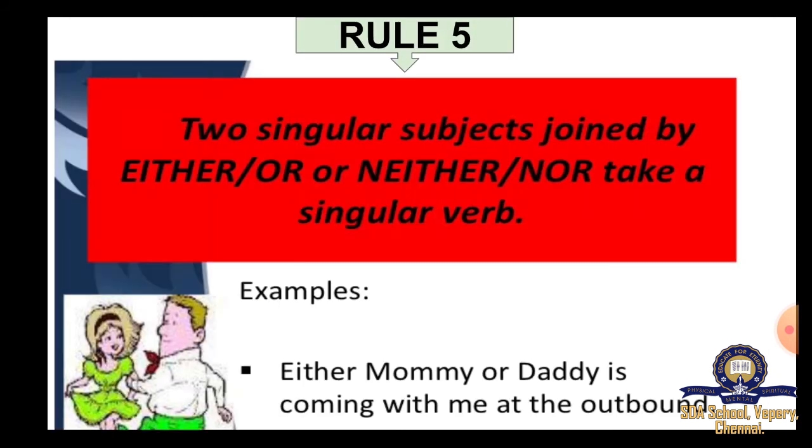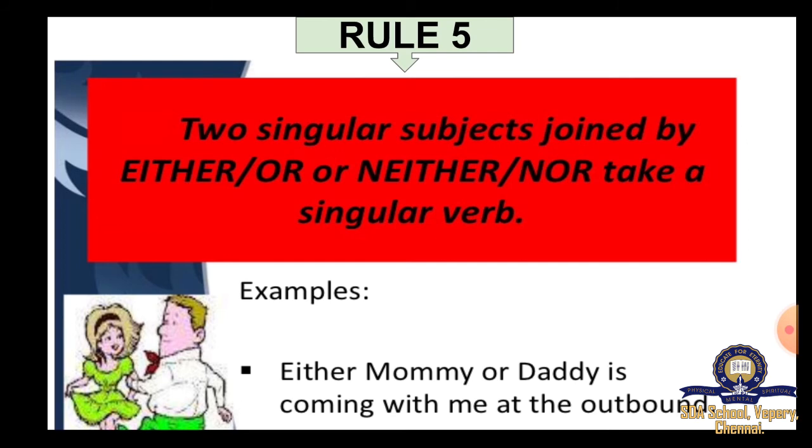So let's move on to rule number 5. Two singular subjects joined by either or, neither nor take a singular verb. So if two singular subjects are joined by either or, neither nor, we will have a singular verb. Example, either mommy or daddy is coming with me at the outbound.